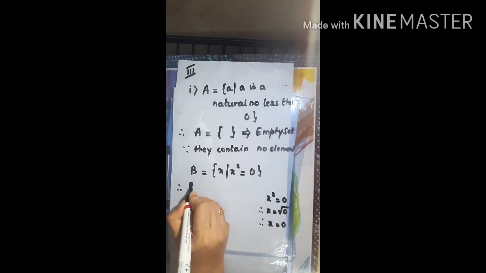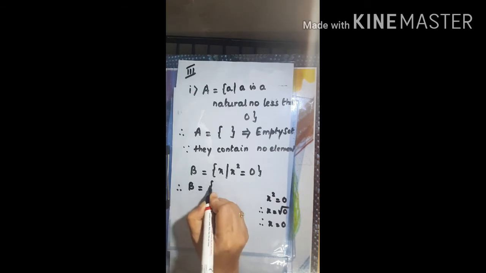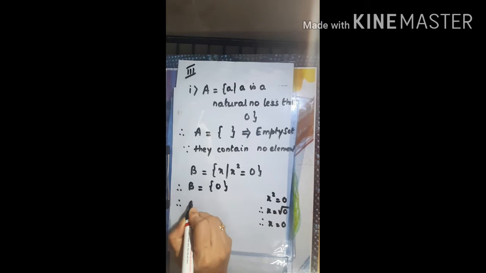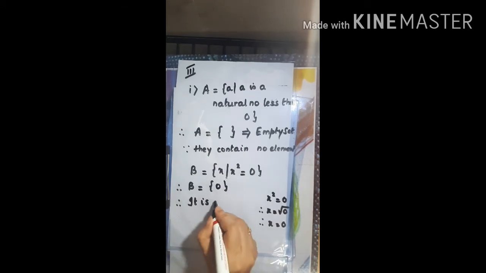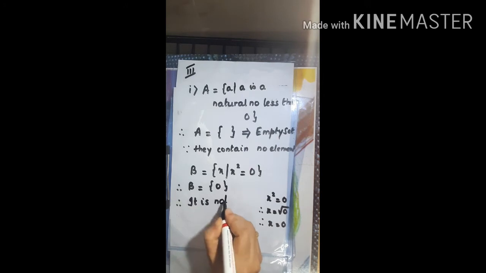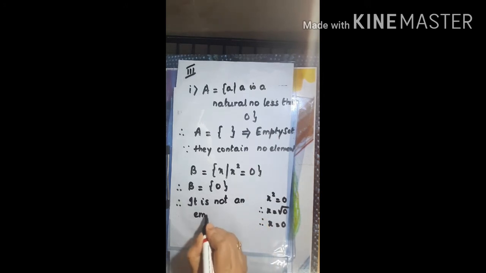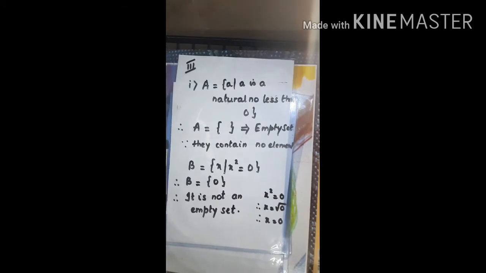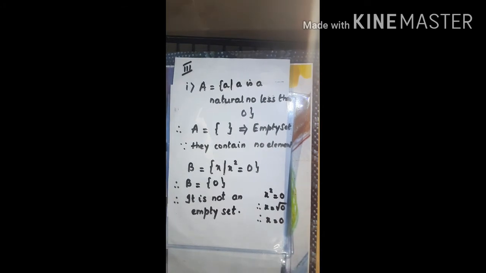Therefore, B has the element 0. Therefore, it is not an empty set, because it contains 0.